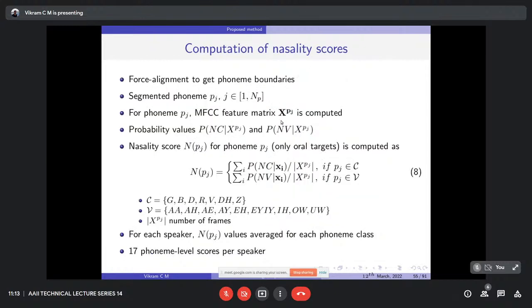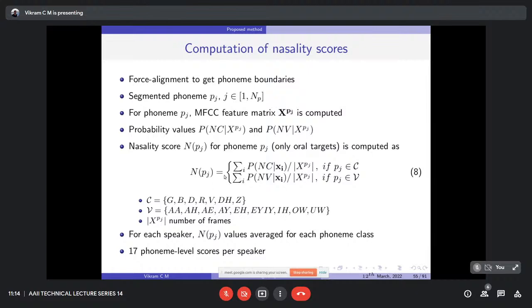Once we have the phonetic boundaries, we computed the nasal consonant probability for the consonants. These are the different consonants we consider in this work, and the nasalized vowel probability for the different vowels. So finally we get the nasalization score.